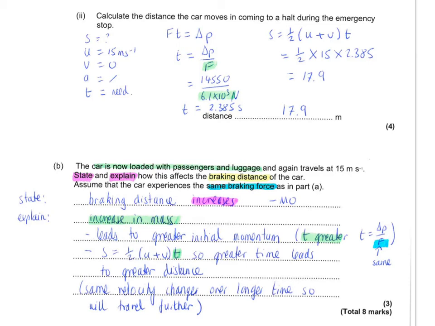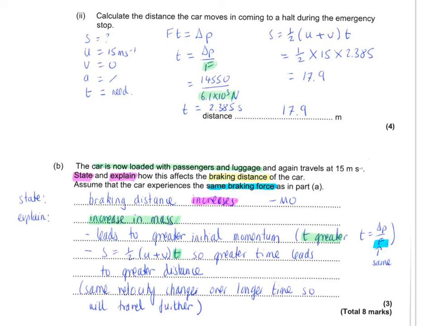A greater time to bring it to stop would result in a greater distance travelled whilst braking. Notice how I've been using the maths logic from the part of the question above. Whenever you're unsure how to proceed in a question, it's often well worth looking at the previous answer and considering whether you may use that in some way.